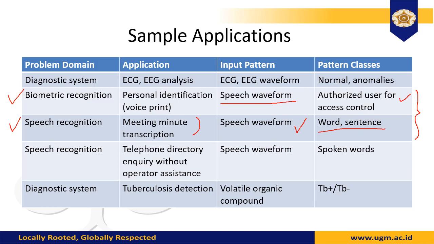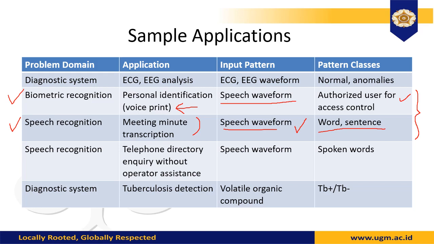Who is speaking is taken from the signal using the voice biometric approach, and what is spoken by someone is also taken from the speech waveform. So at the same time, the system will understand who is speaking from his or her voice, and what is spoken by her or by him.